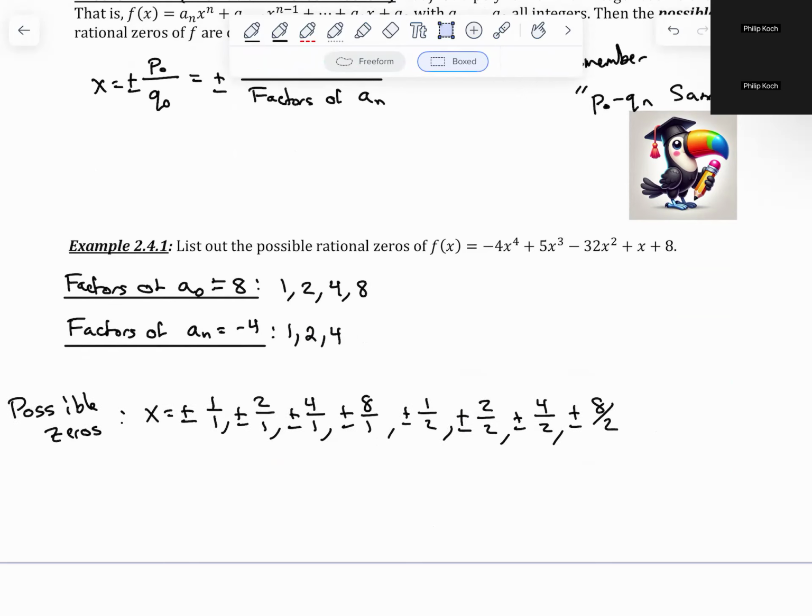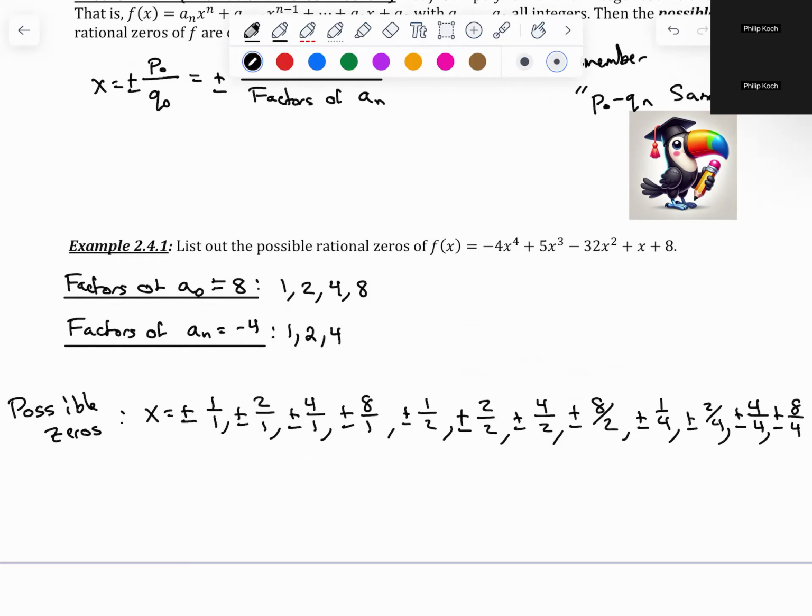That was one of the other factors of A sub n as a denominator. And then we'll go on to the last one, 4. So we get plus or minus 1/4, plus or minus 2/4, plus or minus 4/4, and plus or minus 8/4. It's a lot of them.